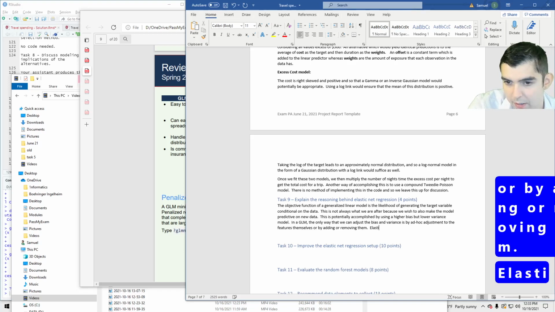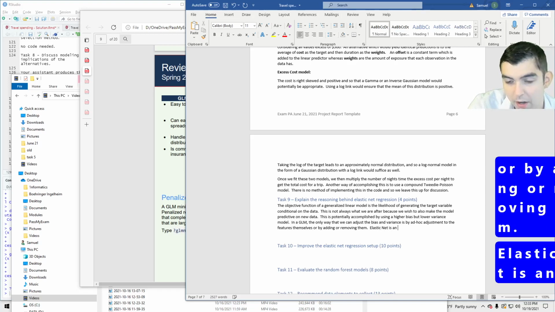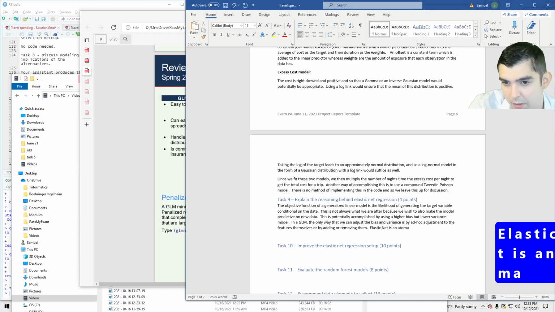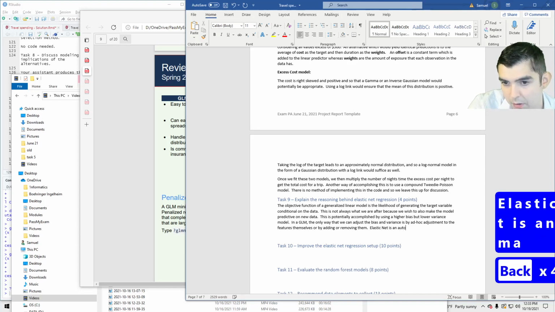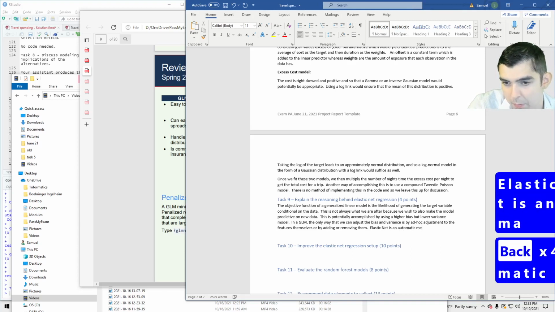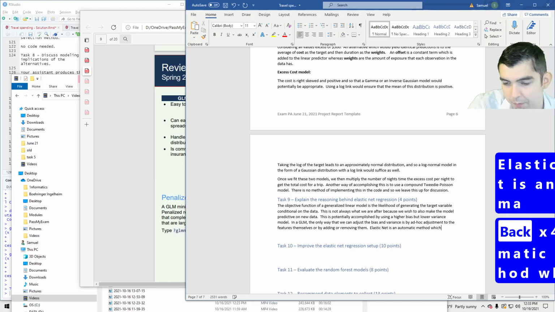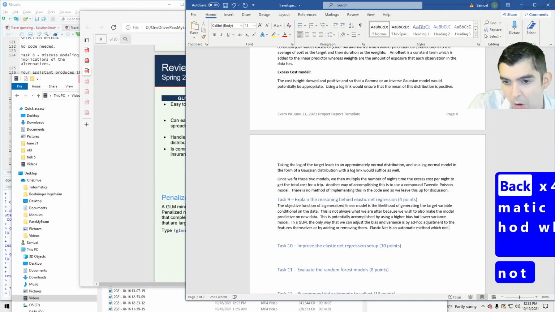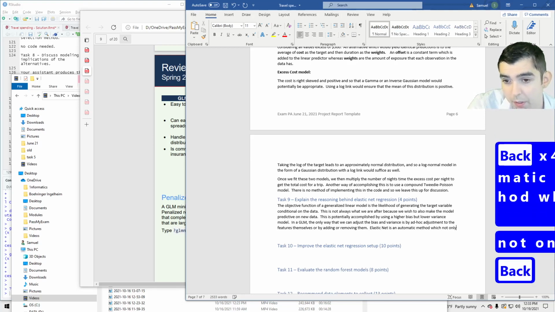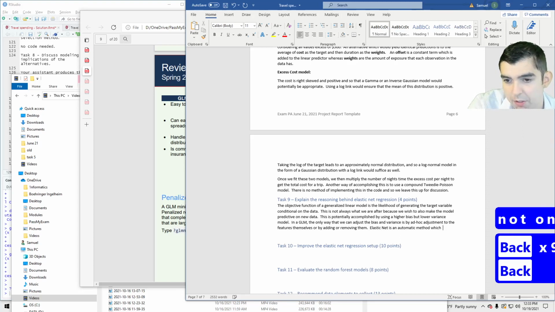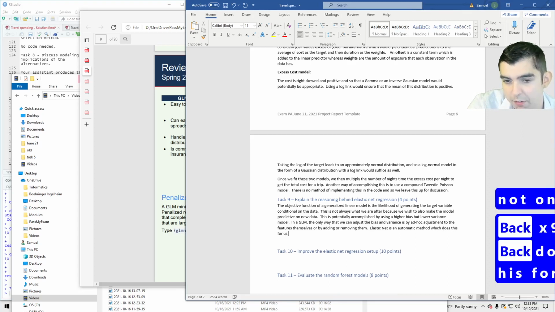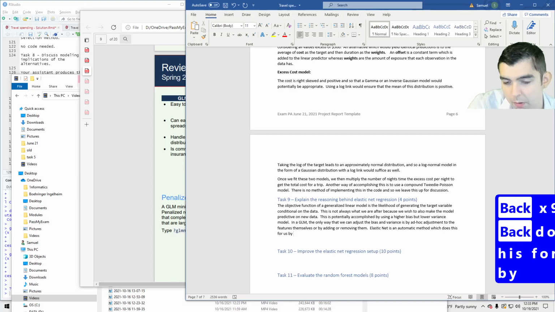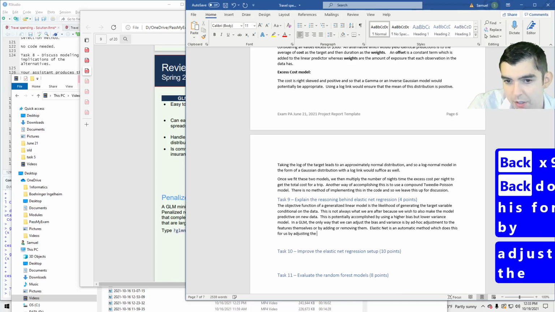Elastic net is an automatic method which does this for us by adjusting the objective function.